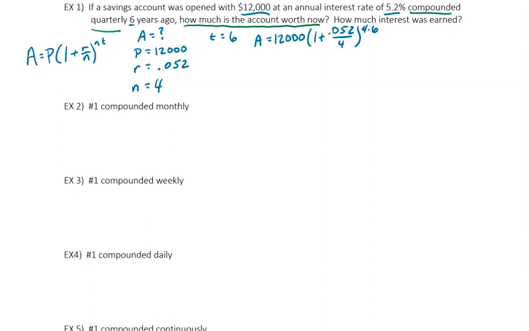Now, one word of caution, and this does not apply to every calculator. It does depend on the type of calculator you have, but especially for some older calculators, or for ones that may not be as fancy as newer graphing calculators, for that exponent, you may have to put it in parentheses for it to come out with the right answer.